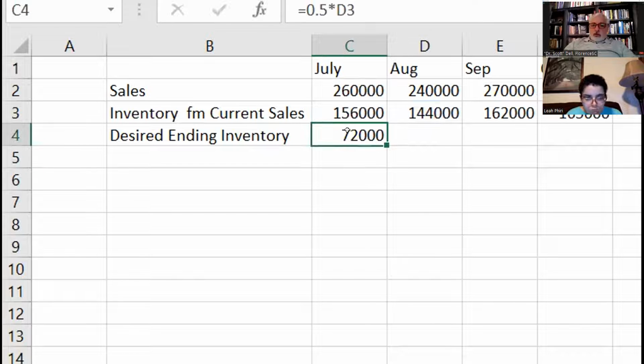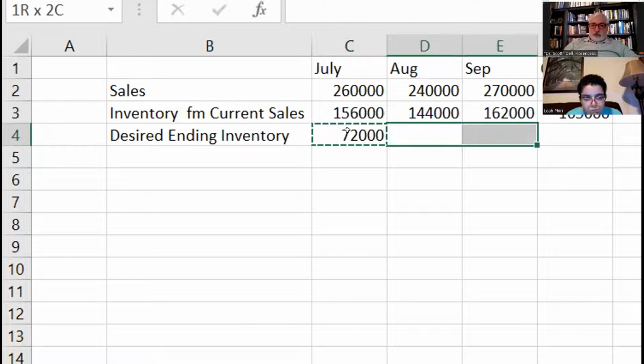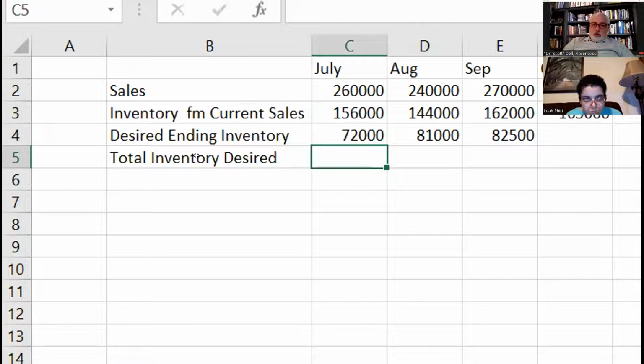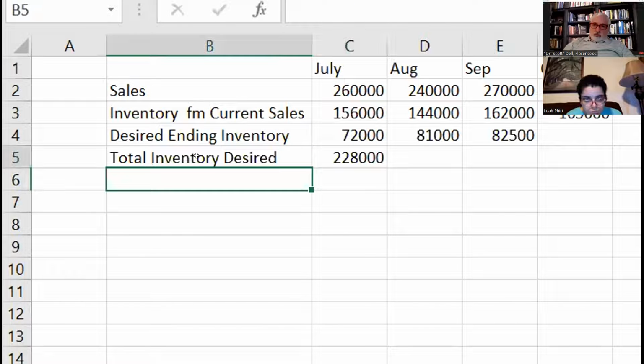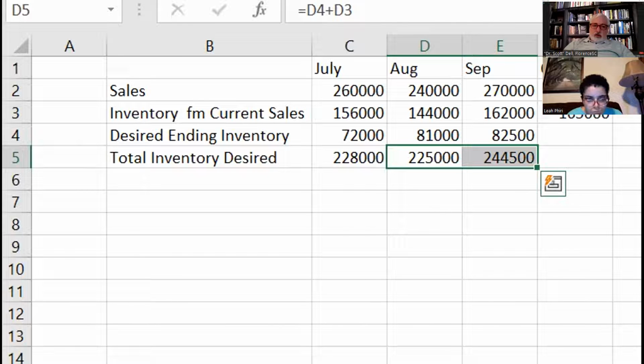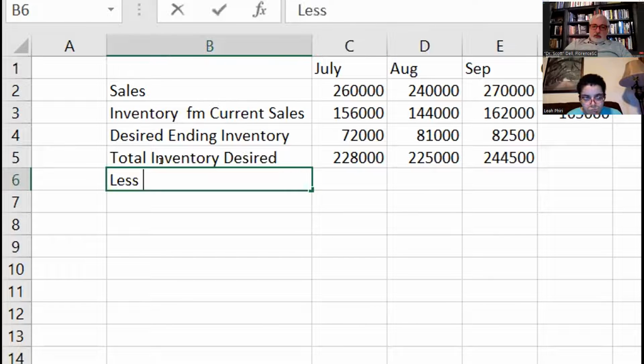And I'm going to copy that through. Then we have total inventory needs, the total of those. And from there, we're going to deduct the beginning inventory.